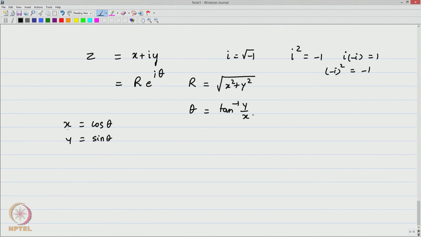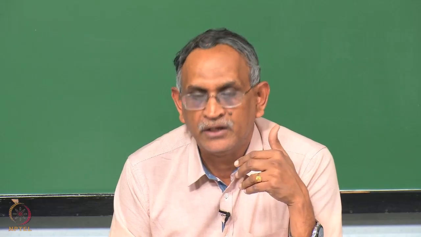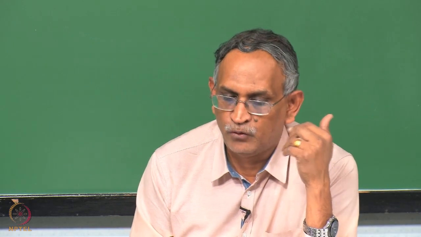Therefore, the square root of x square plus y square will be equal to r, and the tan inverse comes from that. Okay? This is the exponential function, and we need such functions when we study particle in the ring and also the hydrogen atom, the angular functions of the hydrogen atom and so on.